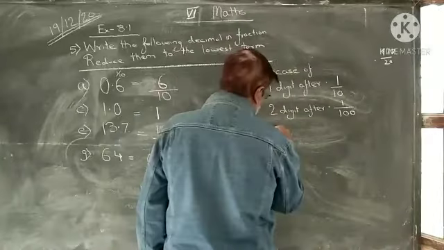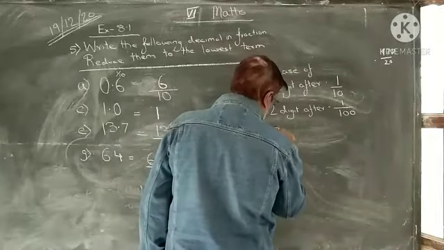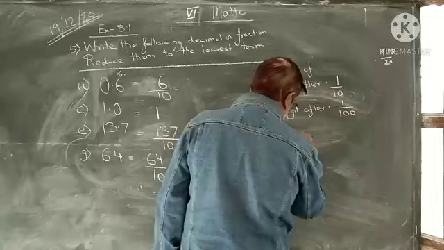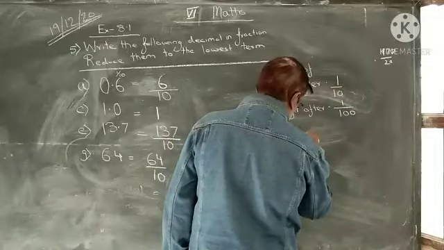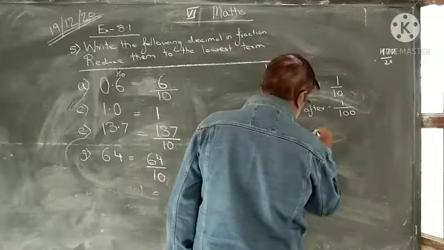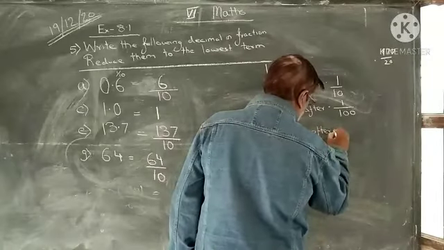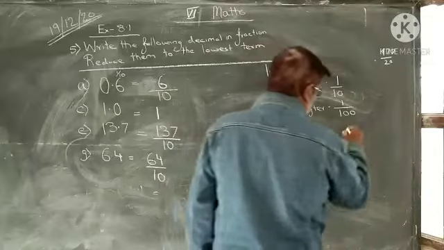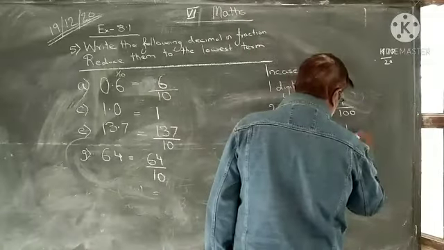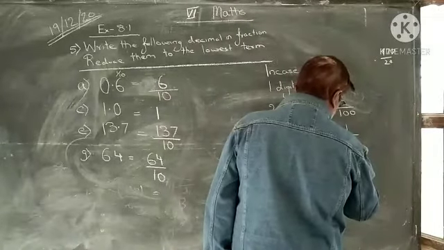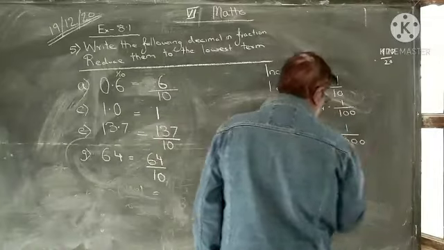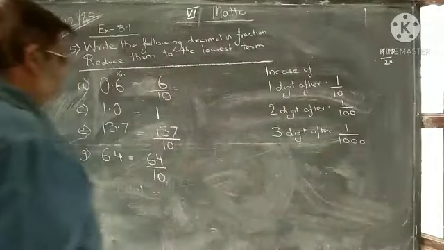Then in case of 3 digits, it comes as 1 by 1000, and similarly it will continue.